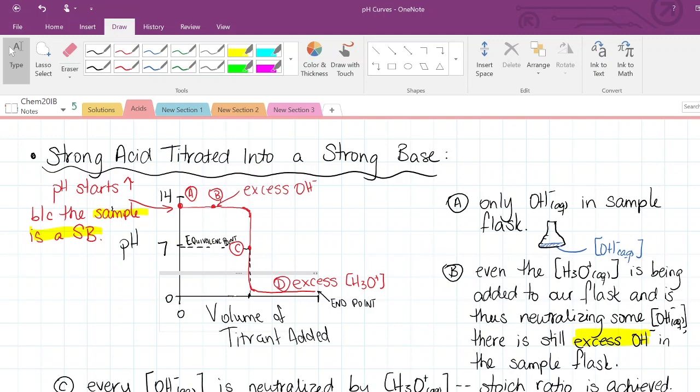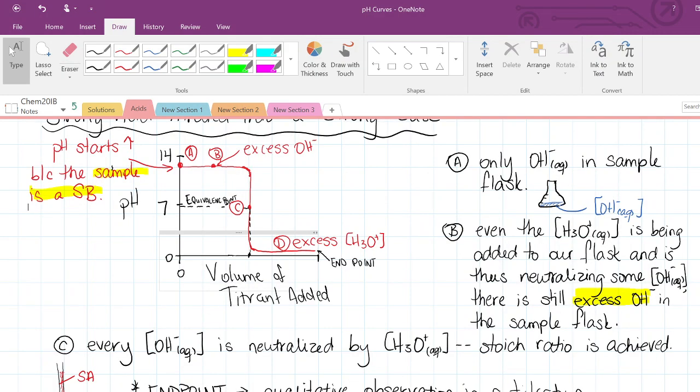So this point C is an important point when we talk about titrations. This point C is what we call the equivalence point. The equivalence point in a strong acid, strong base titration is the point at which all of the hydroxide ion in your sample is neutralized by the hydronium in the titrant in this particular example.